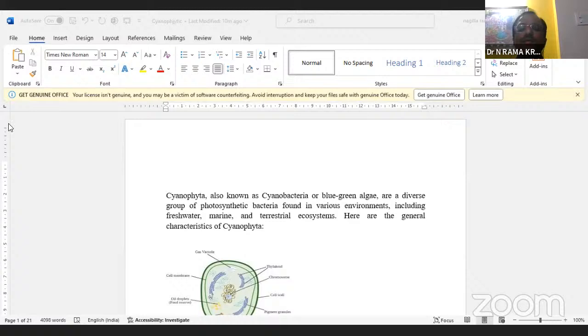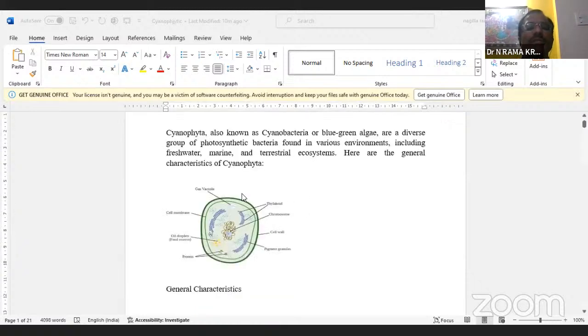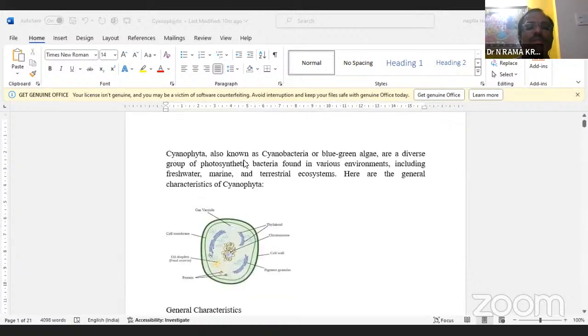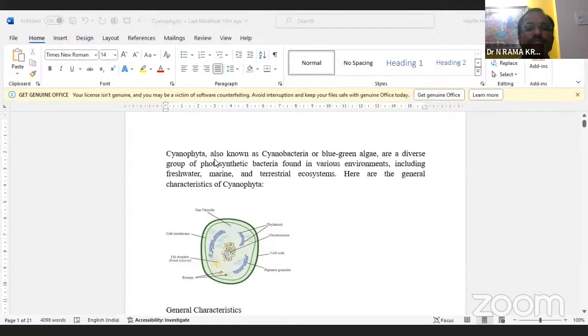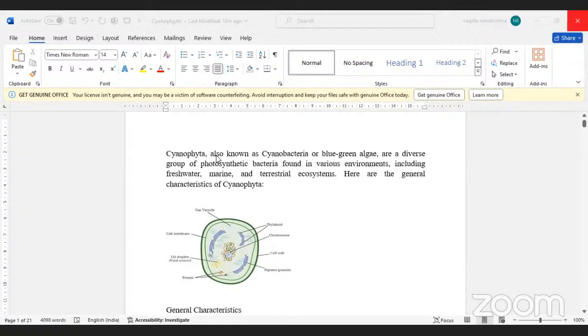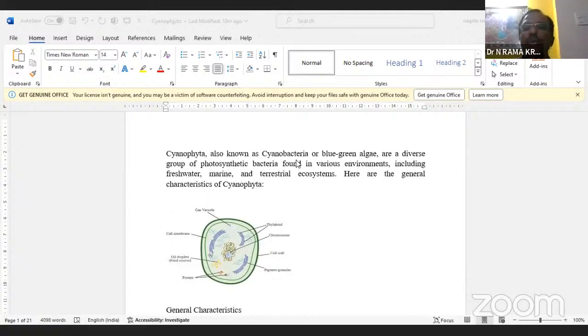Yes, here I'm sharing one slide, cyanophyta. Is it visible? Cyanophyta is also known as cyanobacteria, the blue-green algae.